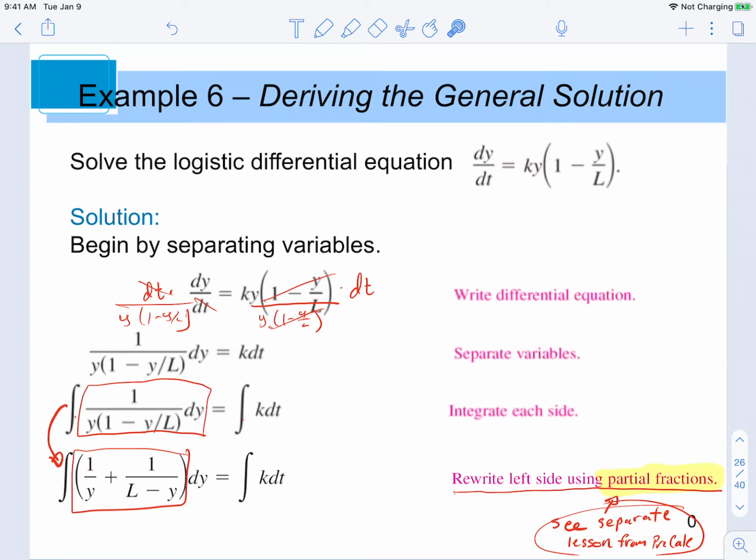I'm going to take the integral of both sides, and a big step is happening between these two steps here. You'll notice that it goes from this to this, and they tell you that they rewrote it using partial fractions. Well, I hope you remember partial fractions from math analysis. If you don't, I did another write-up on partial fractions, pretty extensive.